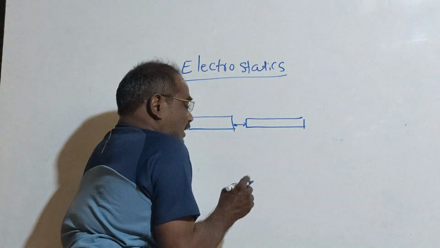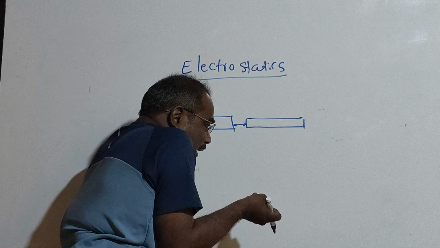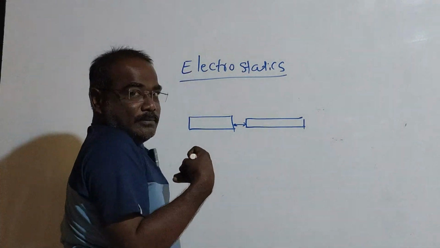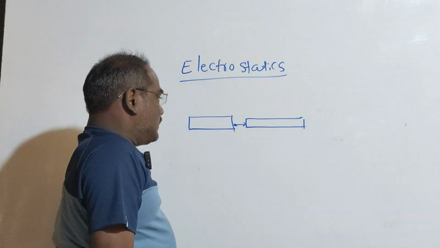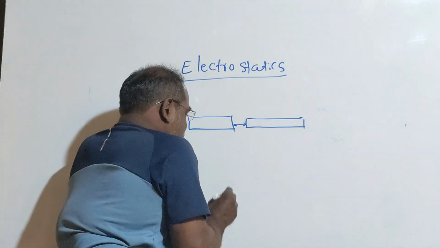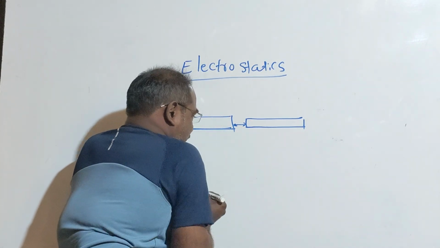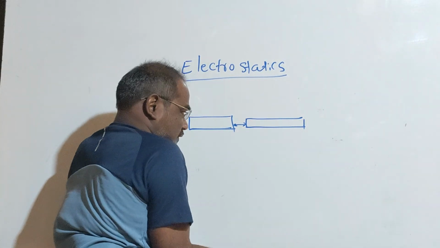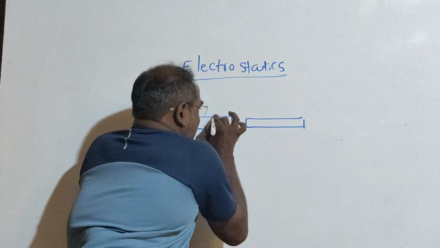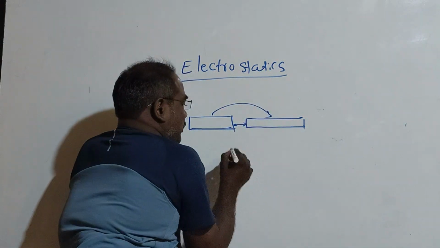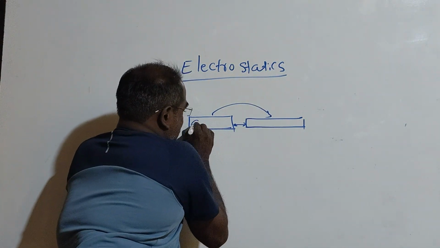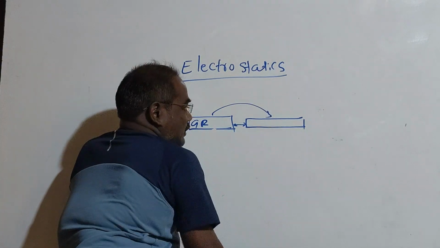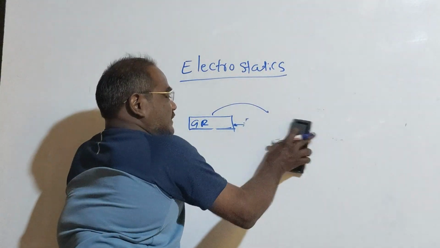They become charged only when one is ready to lose the electron and another one must accept. That is called electrification. The body which donates electrons, let me take the electrons transferring from a glass rod to silk.